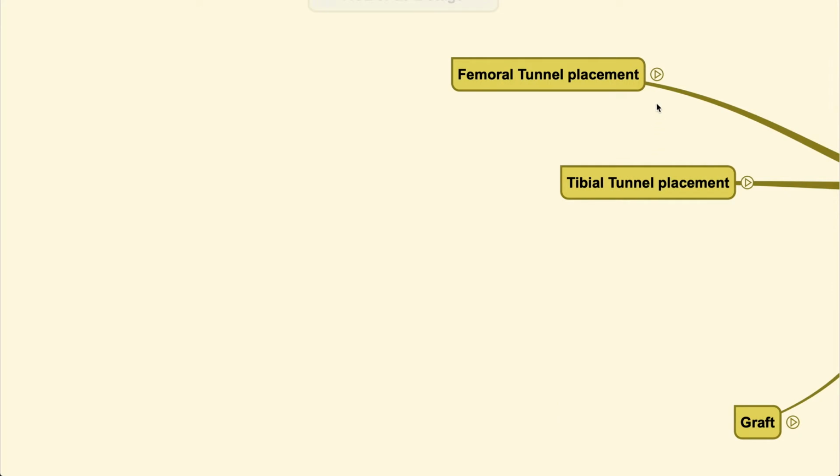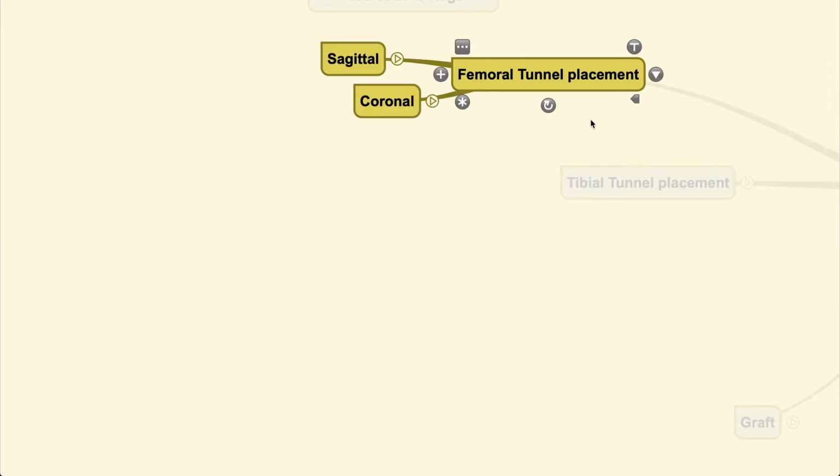So trying to answer these questions, we'll start from the femoral tunnel. By knowing which specific location to place this graft in, you could reconstruct an ACL perfectly.